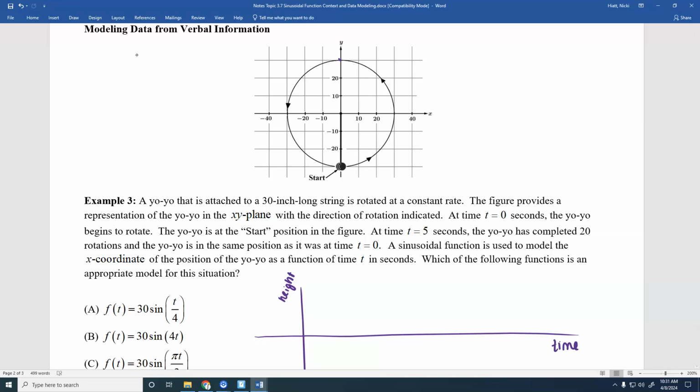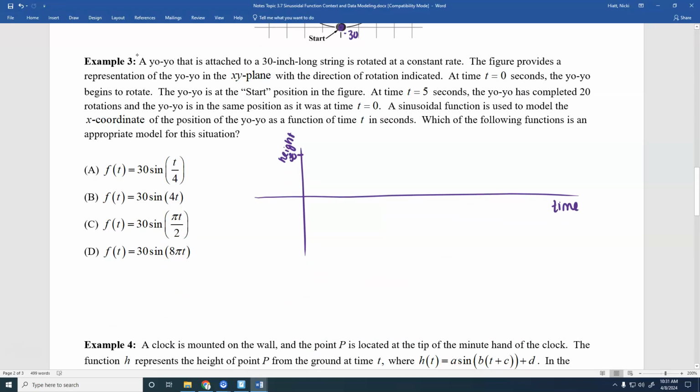It's going to hit 30, right? Up here at its very highest point, it hits 30. At its very lowest point, it's going to hit negative 30. Wherever your center of rotation is, they're just counting that like it's 0 here.